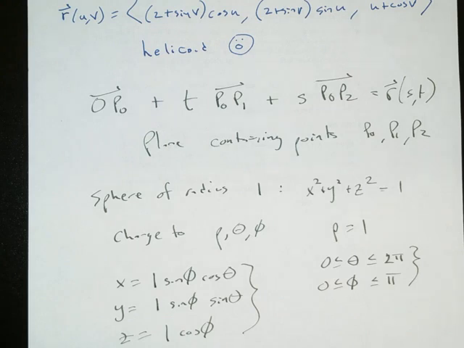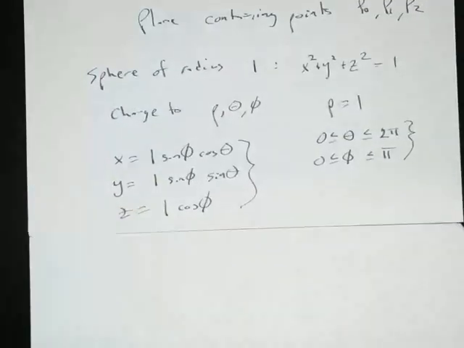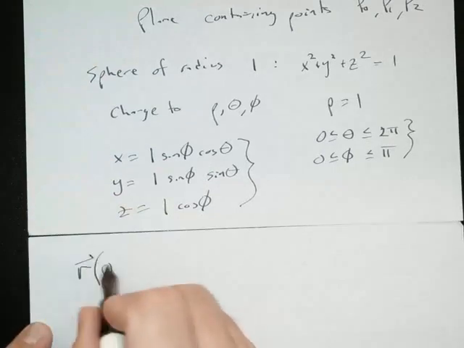Which now means I can describe with a function both the top and the bottom of the ball at the same time. Only it's not a function of x and y, it's a function of theta and phi. The function that describes my ball is a parametric function.